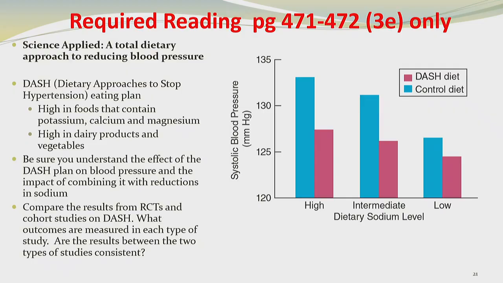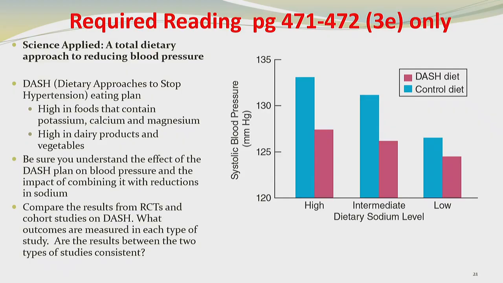Okay. So the DASH plan also has low levels of sodium, and a lot of intervention trials have shown that the plan is very effective in reducing blood pressure. So as we go through this reading, it's important that we pay attention to whether we understand the results that are shown in the bar here, and whether we understand what is being shown as the effect of the DASH plan on blood pressure and the impact of combining it with reductions in sodium.